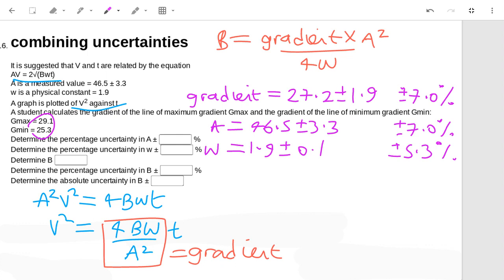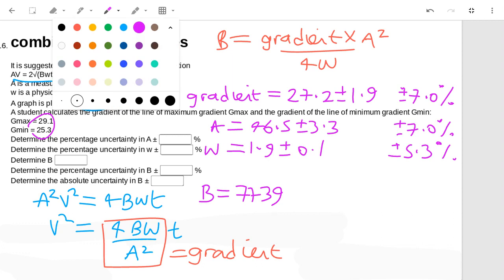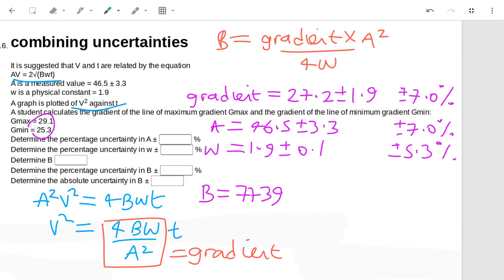And so I can calculate B now from all of those. The first thing I'll do is I'll just put the numbers into the equation, and that gives me 7,739. Next thing I'll do is I'll combine the uncertainties, which is what this whole question is about.